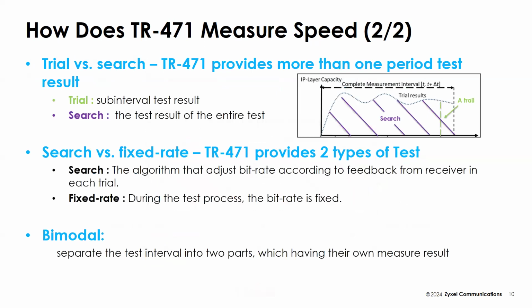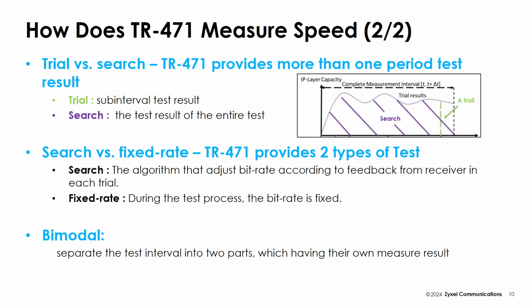Okay. And that's another thing we need to know about TR-471. Aside from the first definition of these two that we might already know, the search in TR-471 also represents the testing algorithm running on the sender.